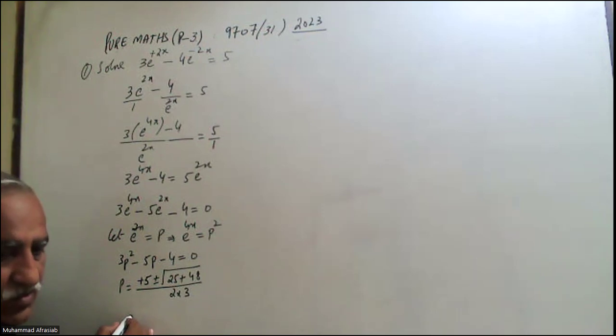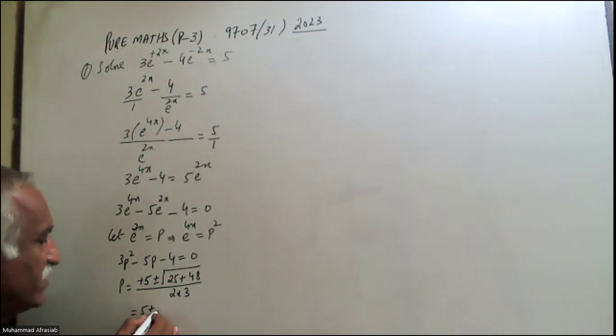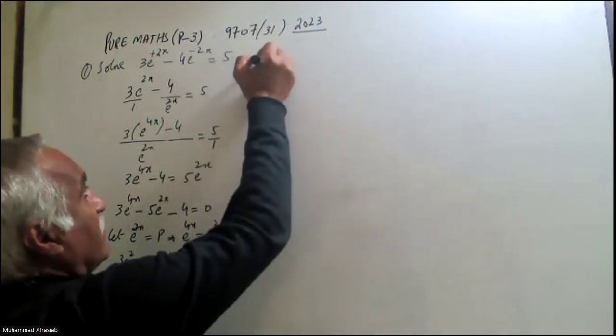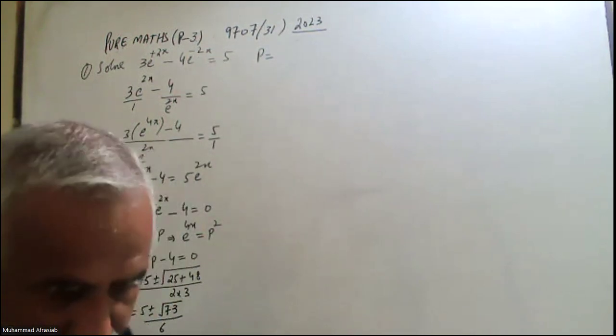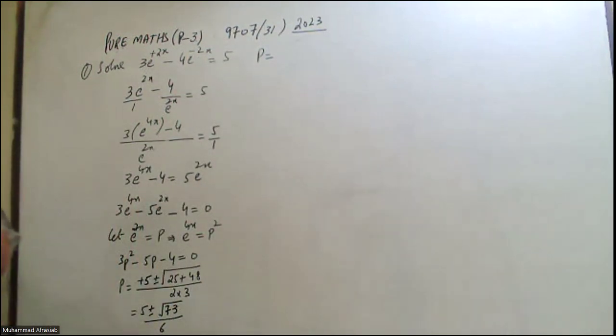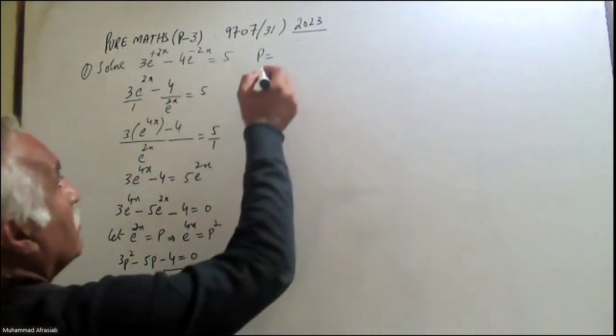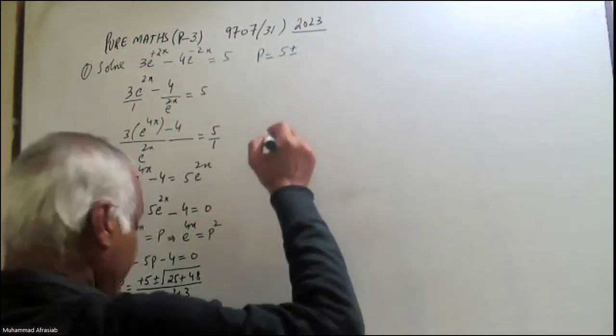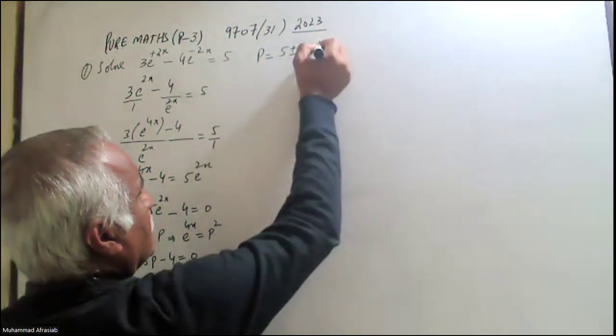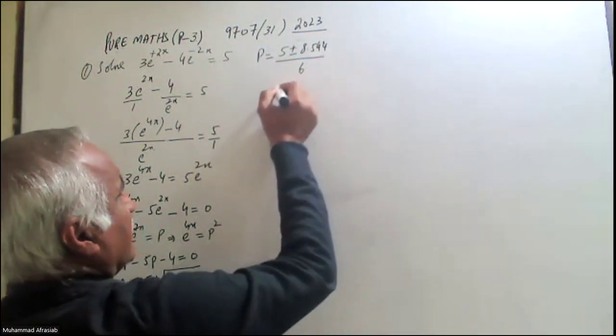So this value is equal to 5 plus minus the square root of 73 over 6. Our p value will be equal to 5 plus minus 8.544 divided by 6.